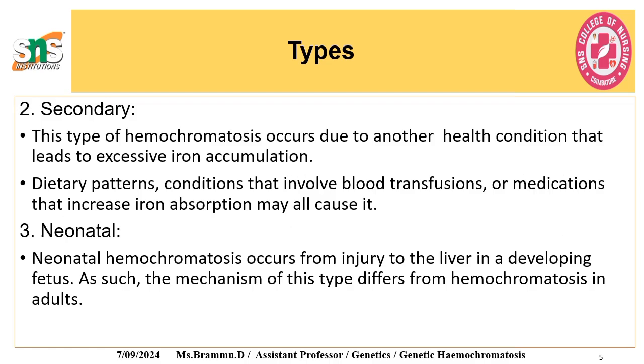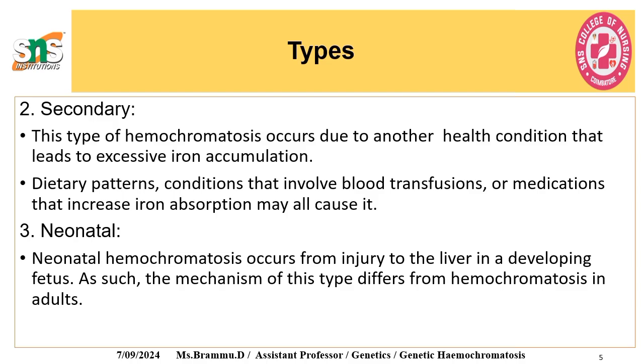In type 4, the client develops more and more deposits of ferroprotein, which is caused by mutations of the SLC40A1 gene, and this is more predominantly seen in European states.